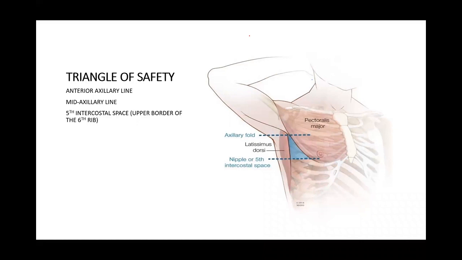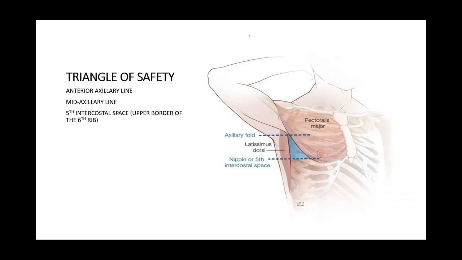Okay, so the first question on the boundaries of the triangle of safety: anteriorly is the anterior axillary line, posteriorly is the mid-axillary line, and inferiorly is the 5th intercostal space or the upper border of the 6th rib.